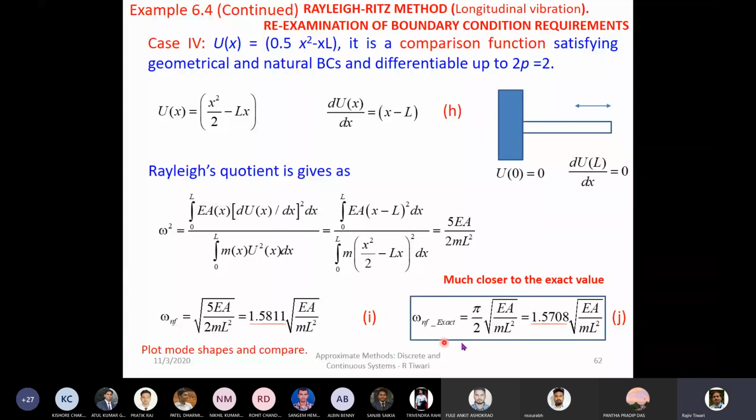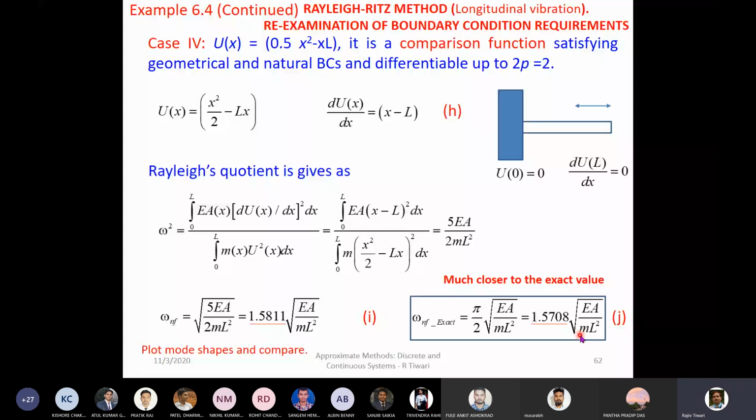Now if you compare with the exact one, this is much closer as compared to even the very first case. So here you can see that when we choose a comparison function which satisfies not only the boundary condition at this end but also at that end, the accuracy is more.